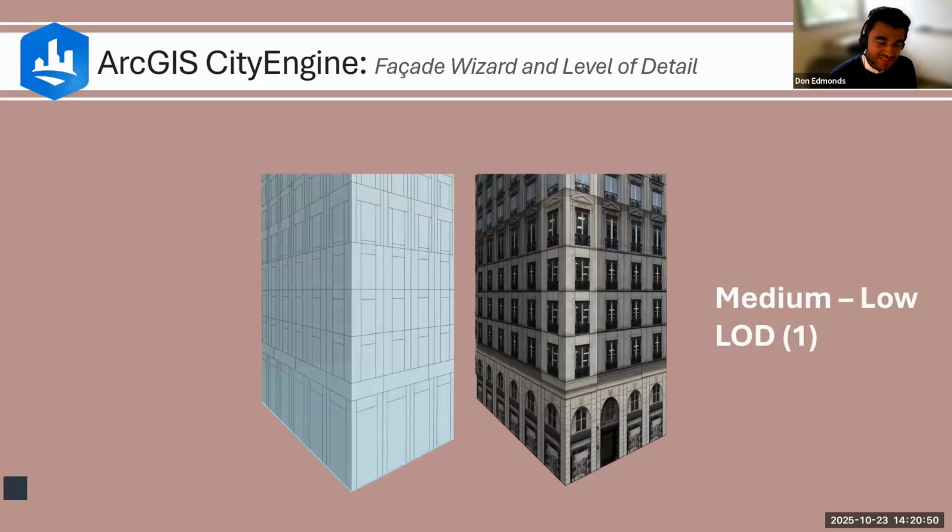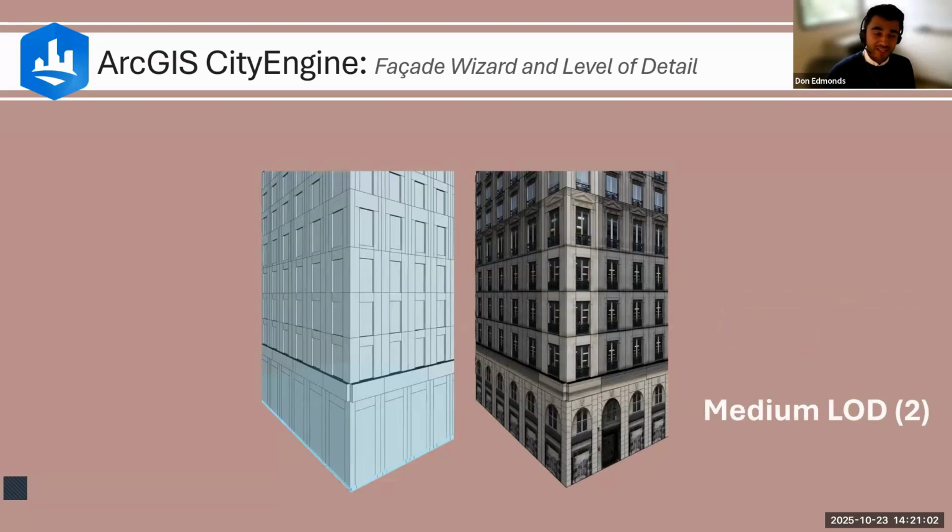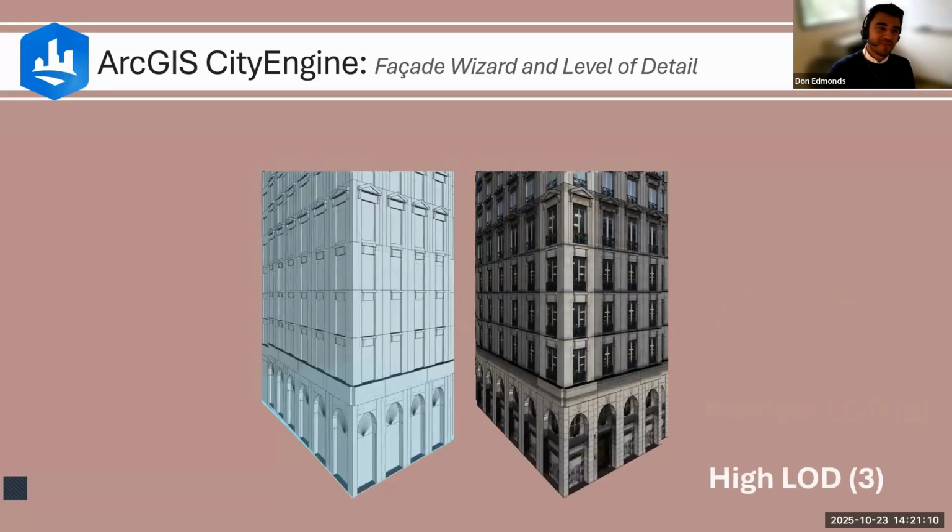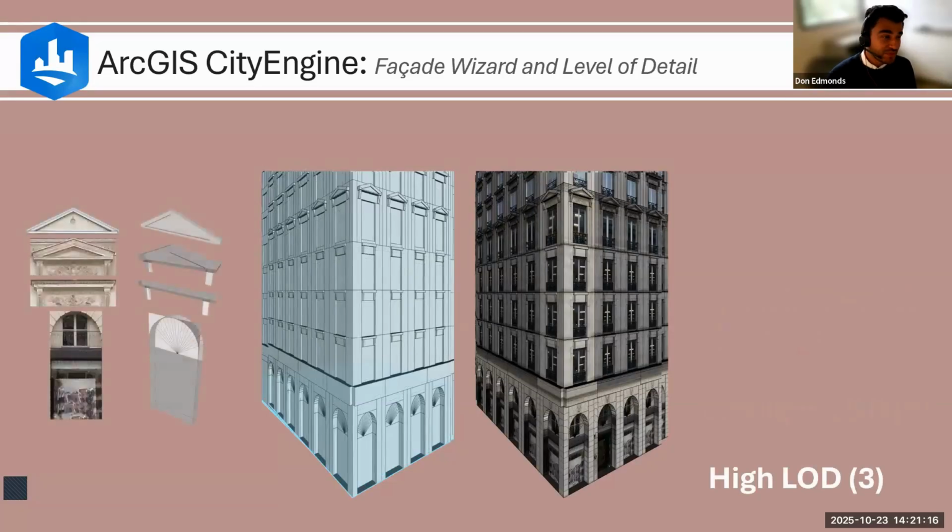If you want to get a little more detailed with a level of detail 1, you can start to do those splits like I showed in the Facade Wizard to call out some of the windows, the ledges, the frames around the windows. And then if you start playing with those Z values, like I was showing you, you can get a little higher level of detail. So we see the ledges are brought out, the windows are indented. And then if you really want to go for the whole thing here, you can start to position different 3D models on your facade.